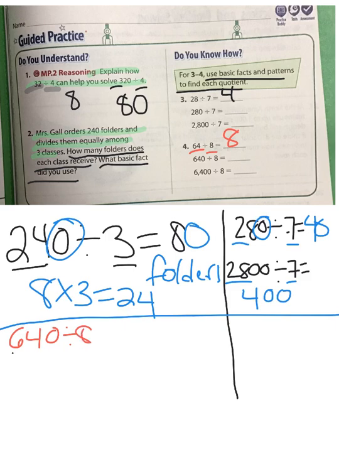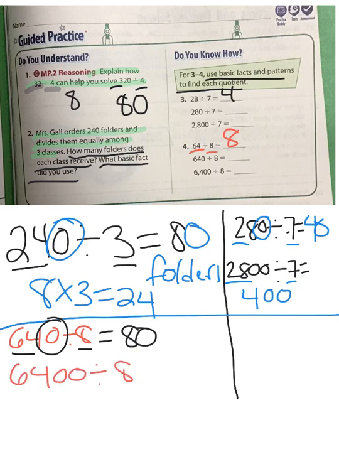Our basic fact is 64 divided by 8, which is 8, and then add your 0. Last, we have 6,400 divided by 8. Underline your basic fact. 64 divided by 8 is 8, and now we have 2 zeros, so our answer is 800.